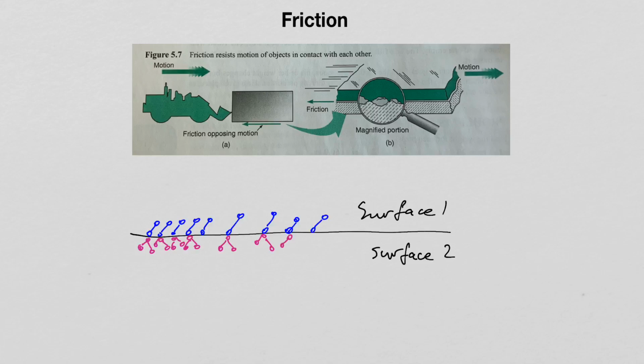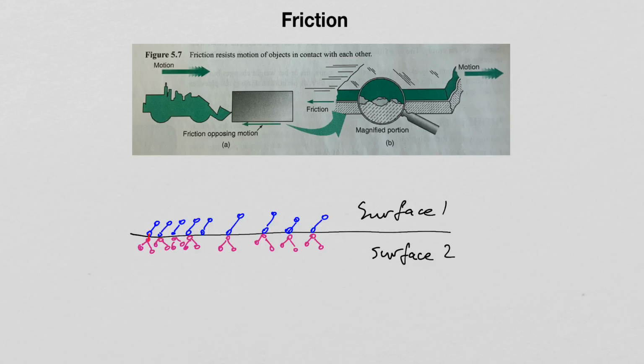And so on and so forth. Well, when the two surfaces are very close to each other, there is a lot of contact area between the two surfaces. And these molecules from surface 1 and surface 2 are going to bond with each other with those adhesive forces.